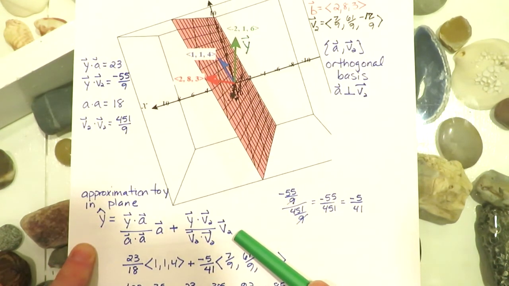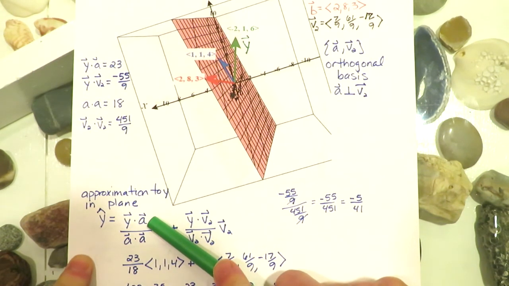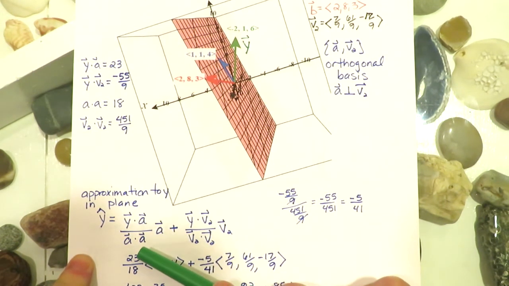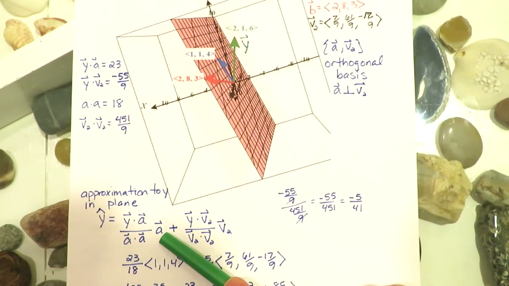And by the way, again, when you find a projection, what you're doing is you're dotting a vector with the other vector, and then you divide by the dot product of the vector you're projecting onto, and that gives you a number. That scalar then multiplies the vector whose direction you're trying to project onto.